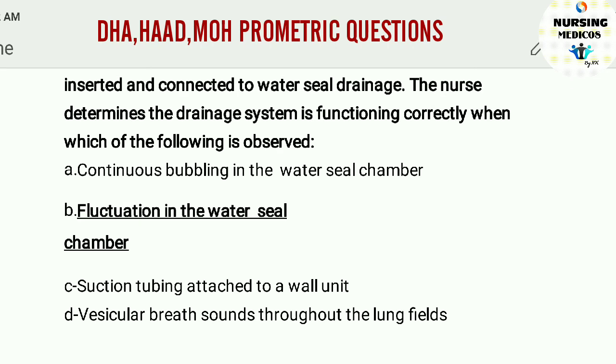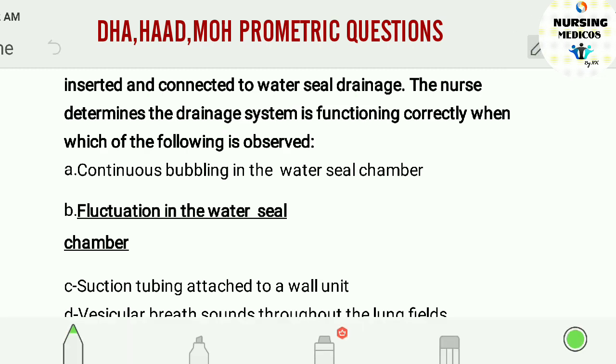Option A, continuous bubbling in the water seal chamber. B, fluctuation in the water seal chamber. Option C, suction tube attached to the wall unit. D, vesicular breath sounds throughout the lung fields. So our answer will be B.